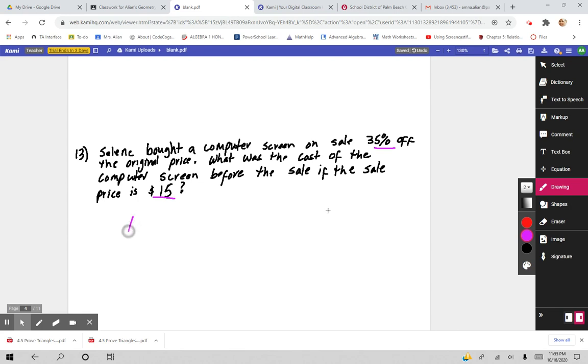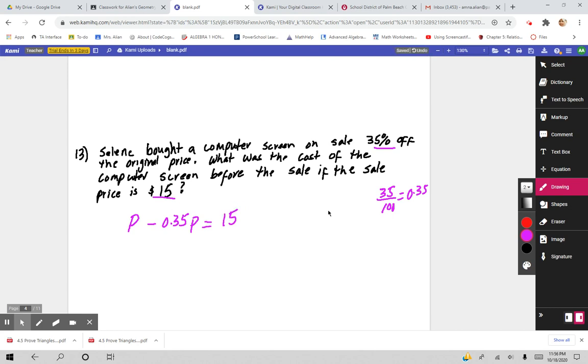So let's say the original price is just P. We don't know exactly what amount. And they took off 35%, turn that into a decimal, and that'll give us 0.35. So we're going to take 0.35 off the original price P. And that brings us to the sale price, $15.